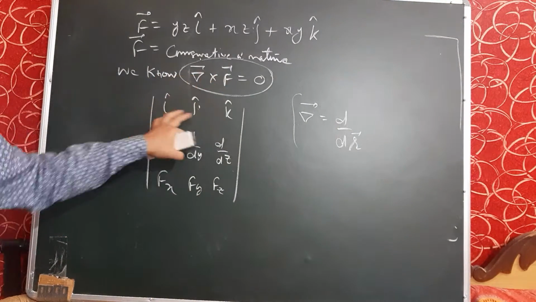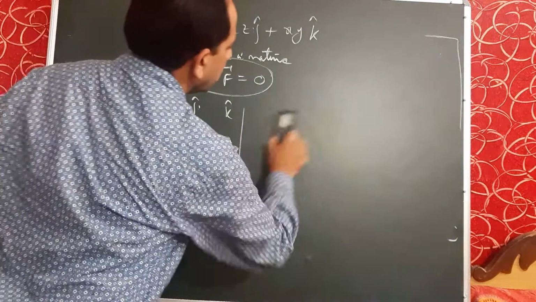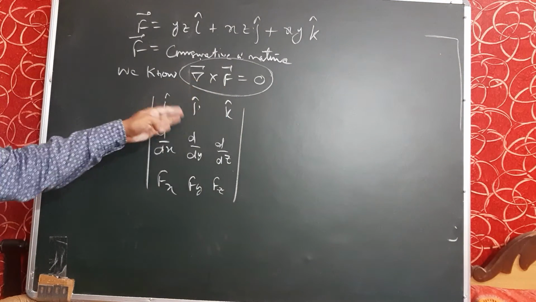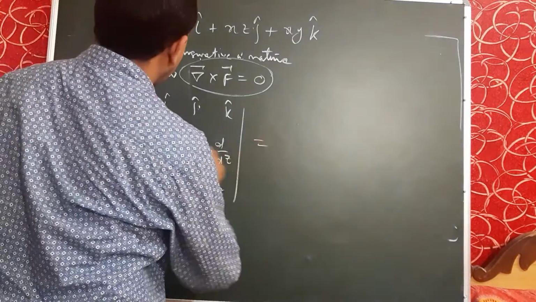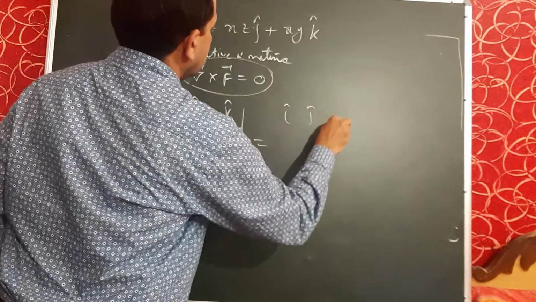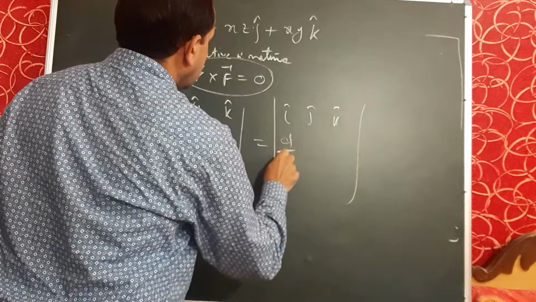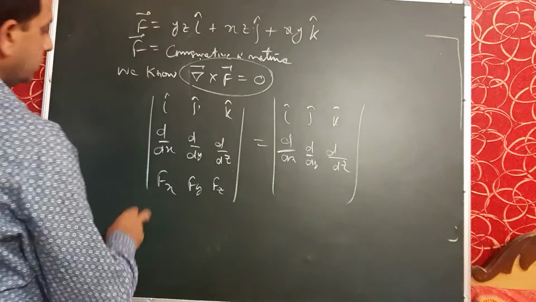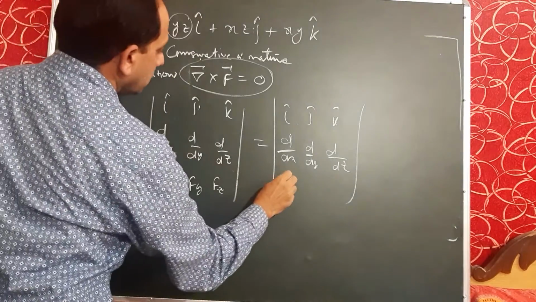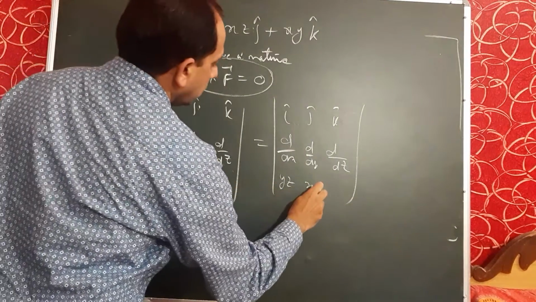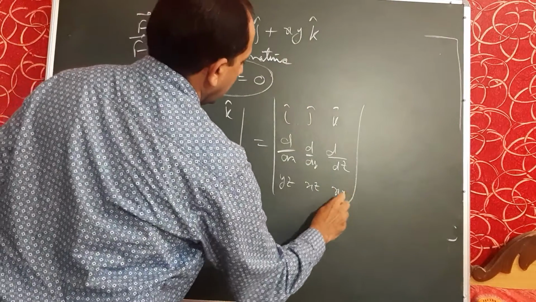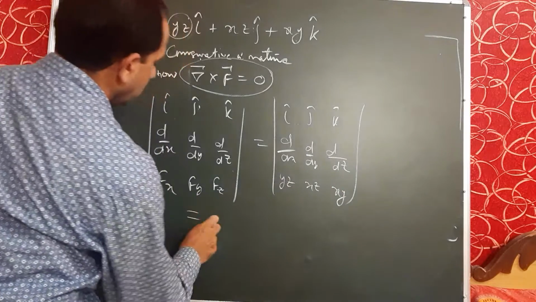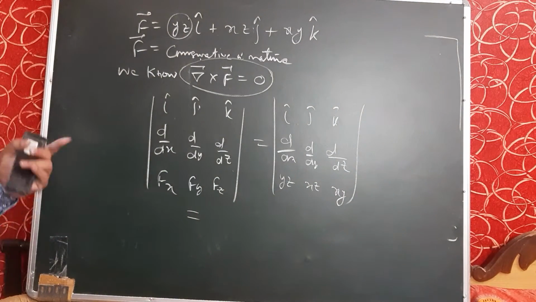So this is the curl of any vector; curl is not any other quantity, it is just the cross product of 2 vectors. Here we have i, j, k and d/dx, d/dy, d/dz, and Fx means the x component, that is yz, the second one is xz and the third one is xy. Now we will solve this determinant.